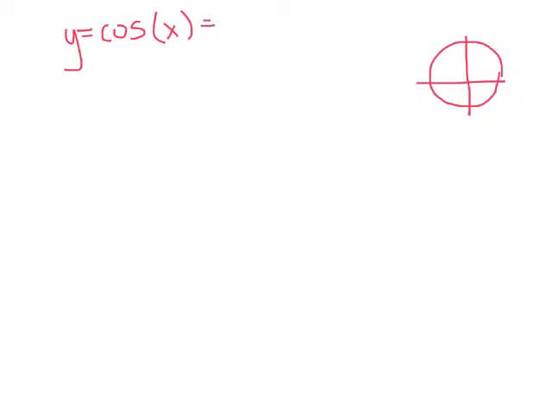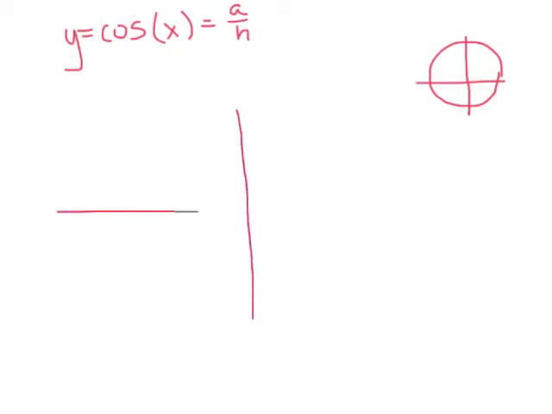If we have y equals cosine of x, so let's do radians again. Now, if you're doing cosine, cosine is adjacent over hypotenuse. And again, the hypotenuse is 1 because we're talking about a unit circle. Now, your adjacent is your side-to-side movement. So your adjacent is represented by a side movement of 1 here.